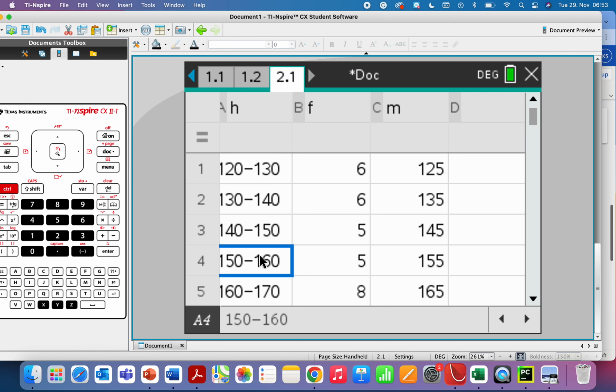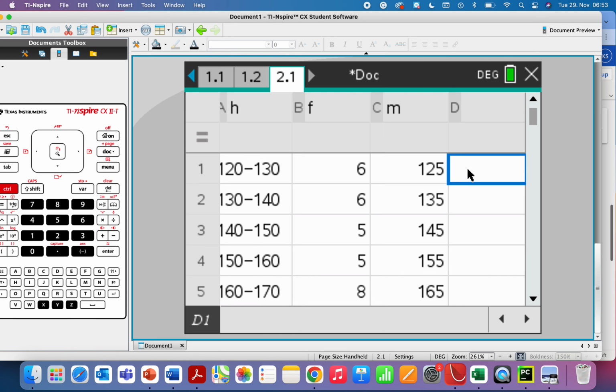That's a word that transfers over to science and biology. So the modal class is 160 to 170 centimetres. Because we don't know exactly how tall the individuals are, we just usually say the modal class is 160 to 170 centimetres. That's the most popular group with the most people.